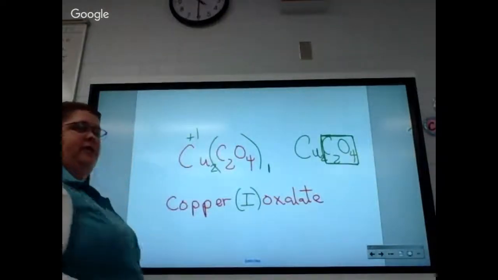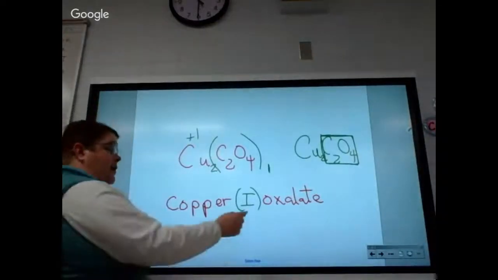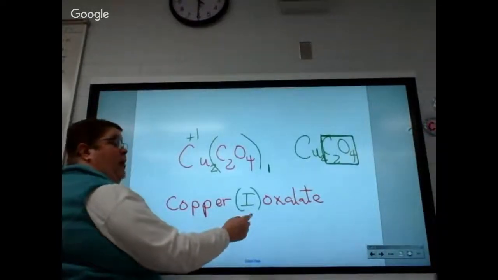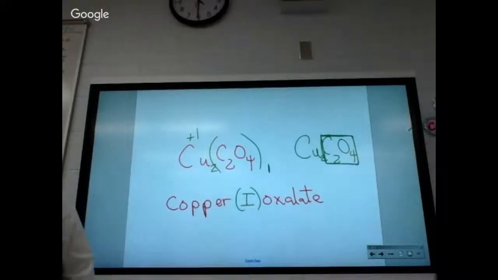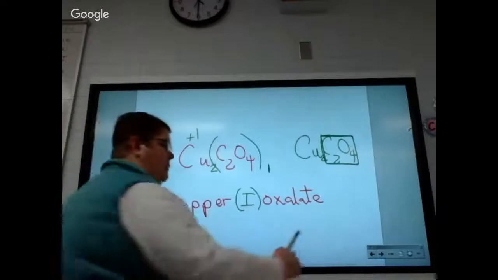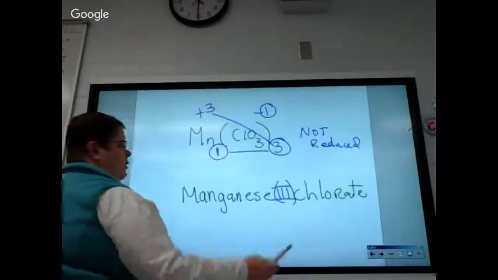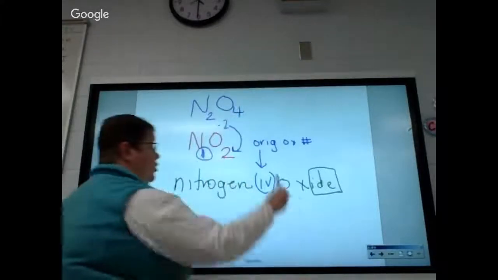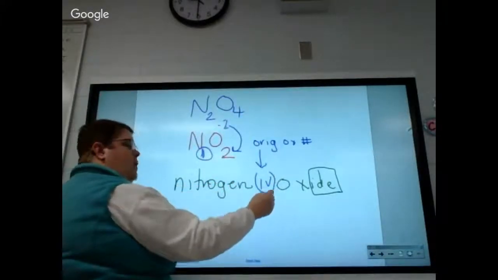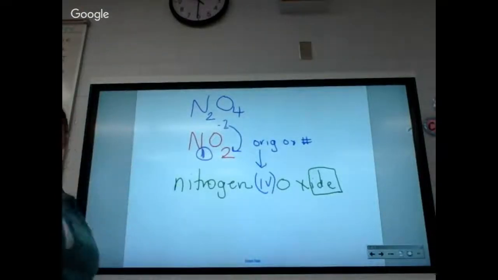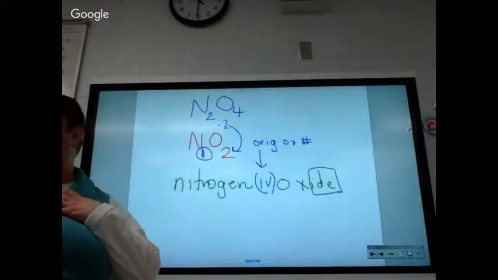Now, we talked about this way back when we talked about ionic naming. Even though it's an oxidation number of 1, can I leave that Roman numeral 1 out? No, because remember, you're telling me the original oxidation number. You're telling me what oxidation number to use. So if you want it to be an oxidation number of 1, you have to tell me that.